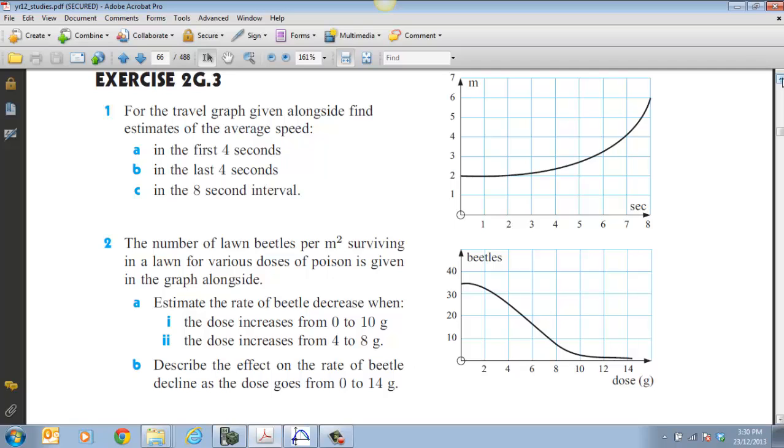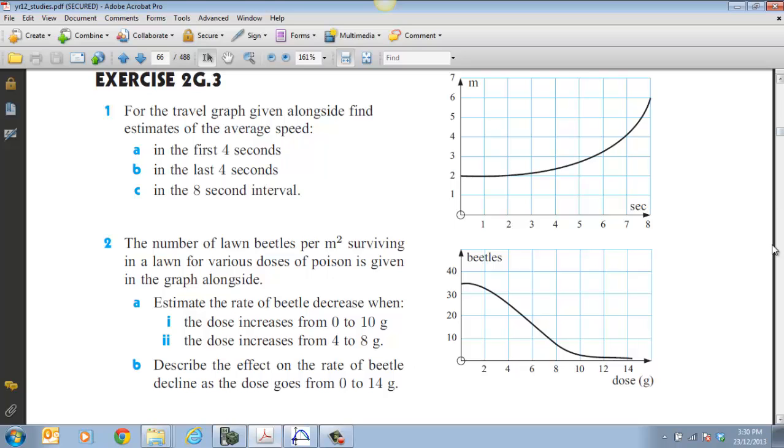And so if you pass a policeman, and they saw you doing 140, they are going to book you for speeding, and you'd probably lose your licence, even though your average speed over the trip might only be roughly 80 k's an hour.